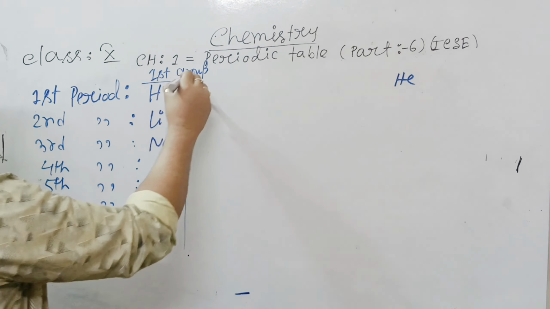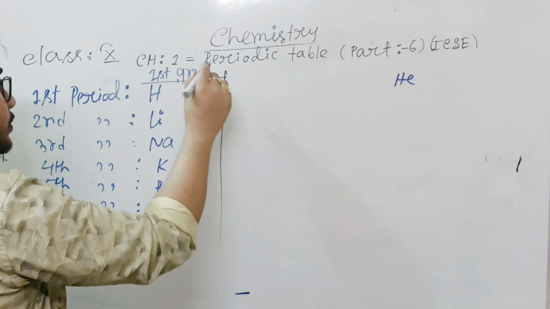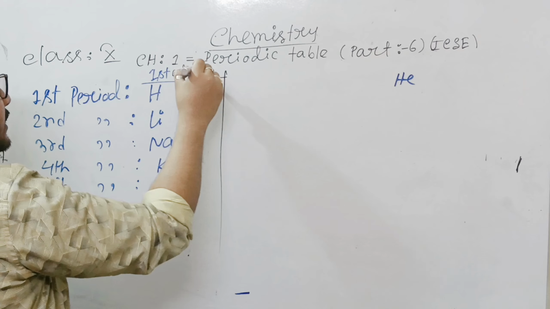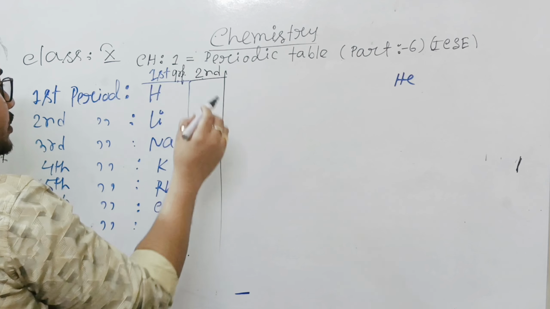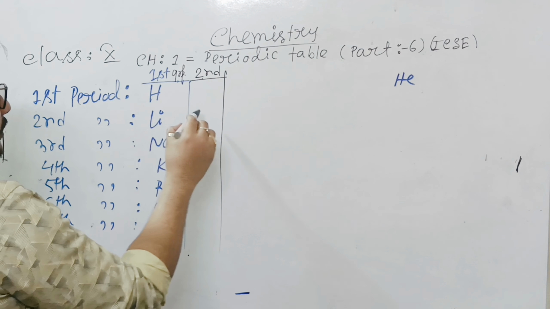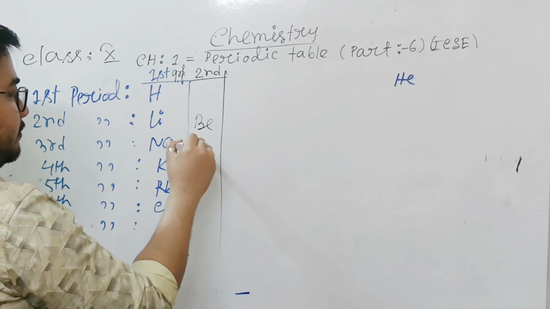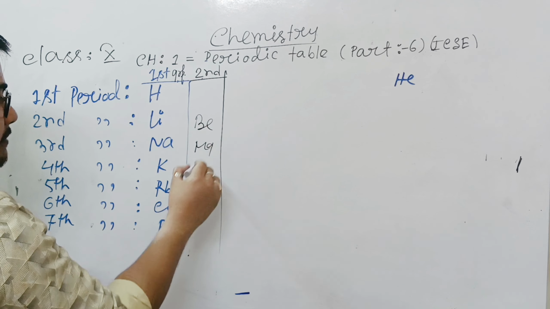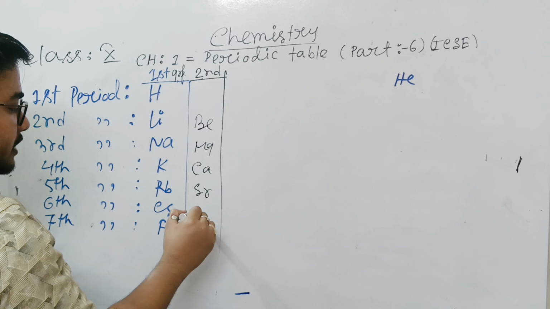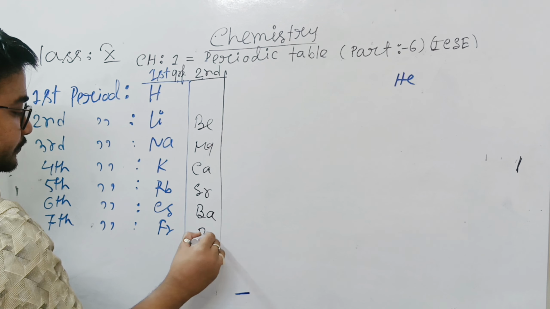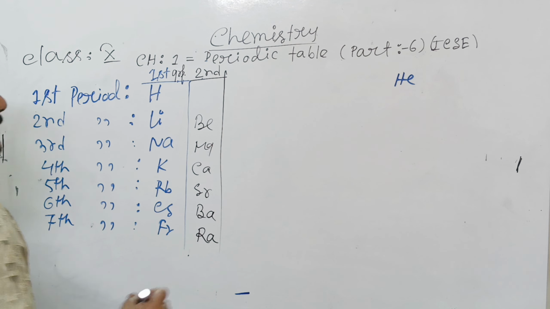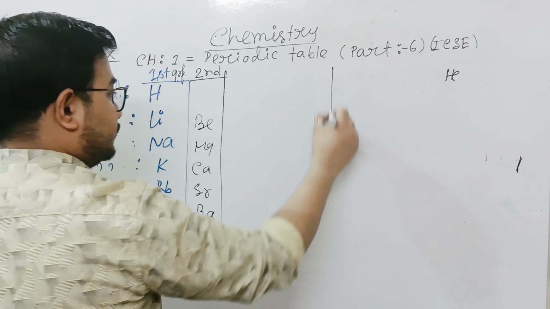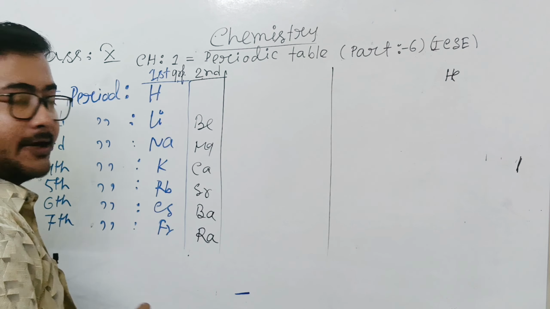Now if we go to the second group, GRP in short form, it is the second group. Column wise downwards: beryllium, magnesium, calcium, strontium, barium and radium. It is first, it is second.